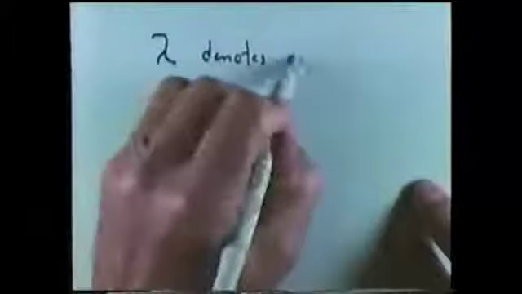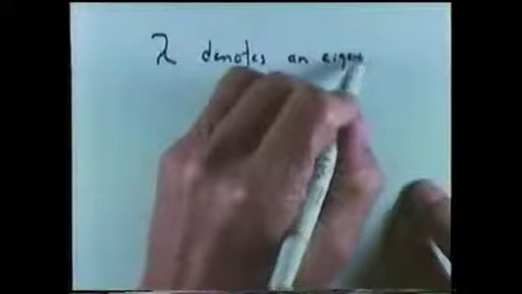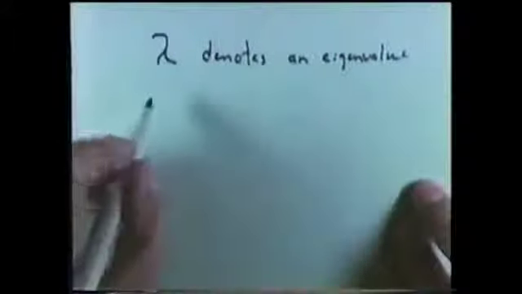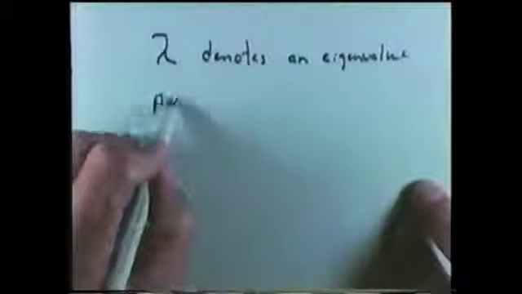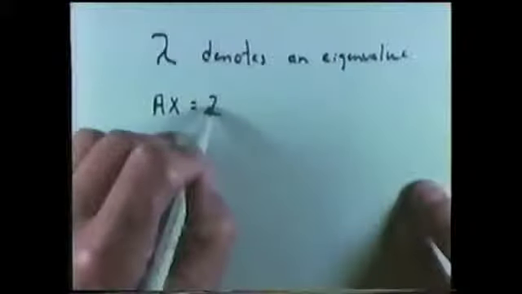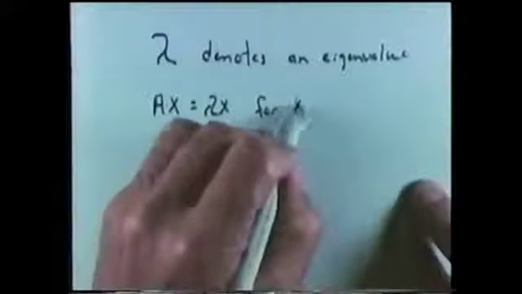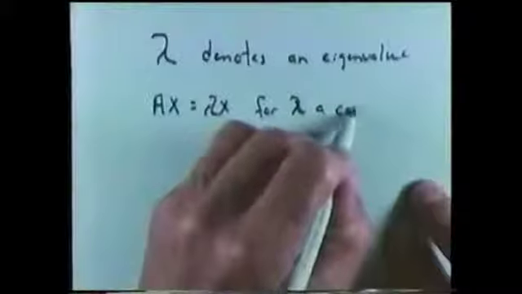Remember, lambda was used to denote an eigenvalue. And we wanted to find a lambda such that Ax is equal to lambda x, for lambda a constant.